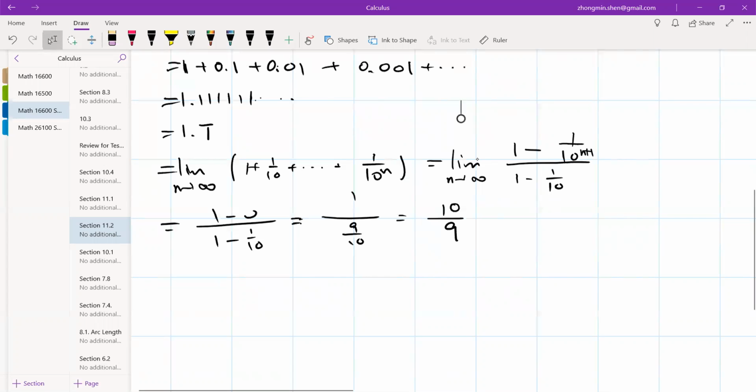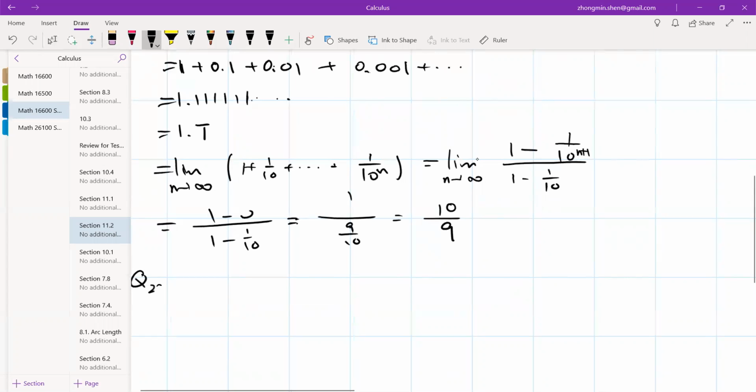So here's problem number 22. Let's consider the sum of 5 over pi to the n.